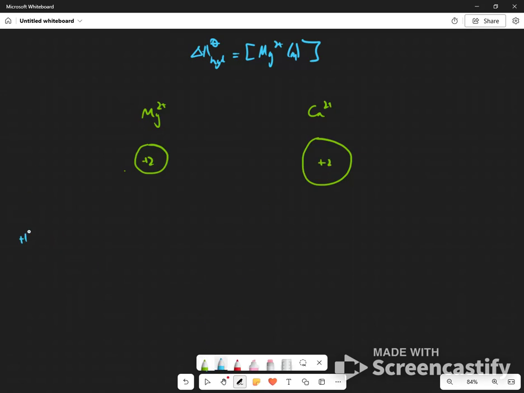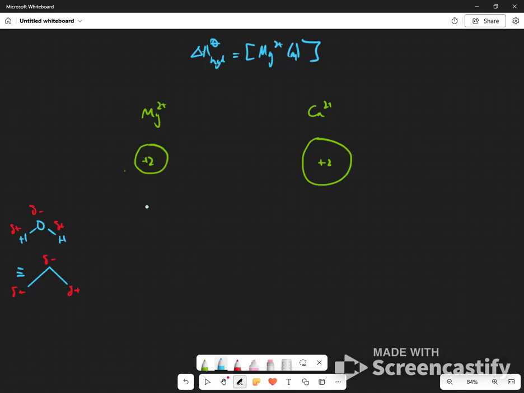Now, a water molecule looks like this. Okay, it's delta minus, delta plus, delta plus. So we can approximate a water molecule by a V shape, where the pointy bit is delta minus, and these bits are delta plus.